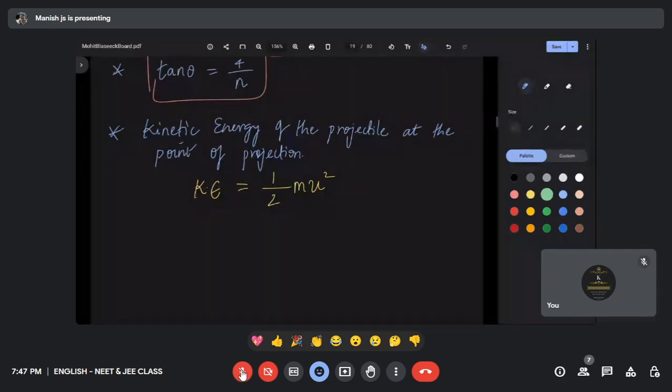At maximum height, the kinetic energy formula is going to get modified. So first I'll give you the writing part.